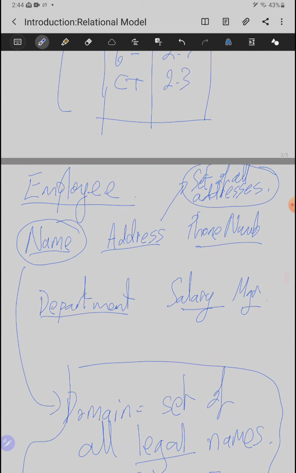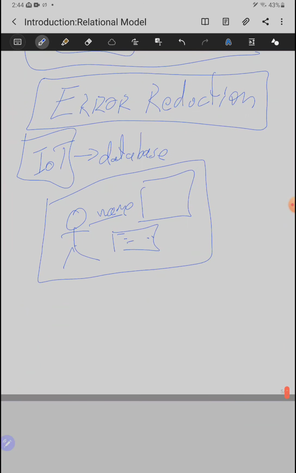Why might we have an error? Well, here's an example. Suppose I have, instead of name, I have first name, middle initial, and last name. And I enter this, and I think I'm entering the middle initial, but I've actually moved over to the last name point.